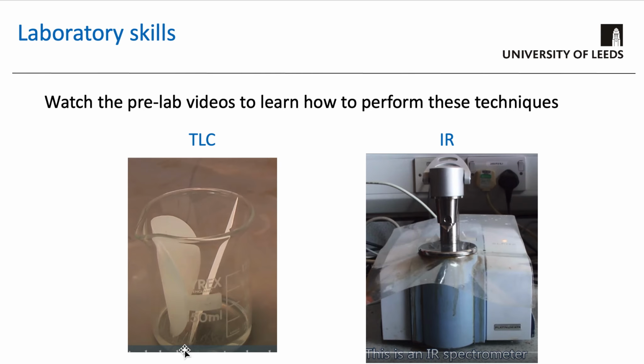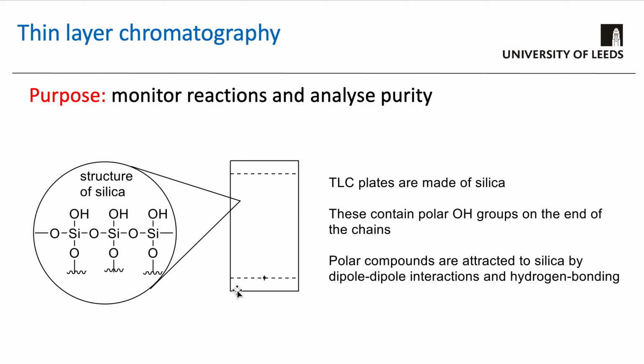This is the solvent you're going to be using instead of the water that you use with the felt tip experiment. You're using an organic solvent here instead. What will happen is that solvent will travel up the plate. The plate will soak up the solvent and it will be drawn up the TLC plate.